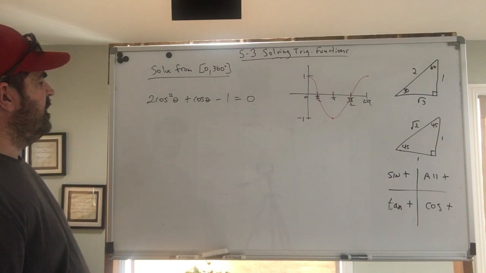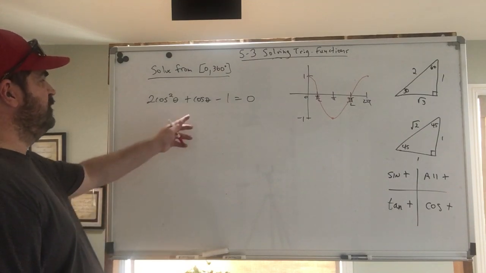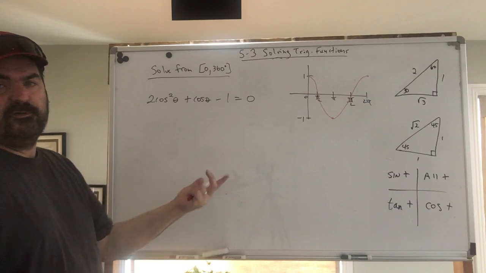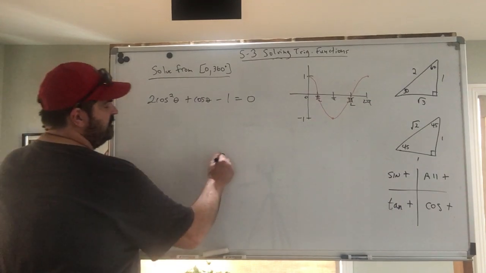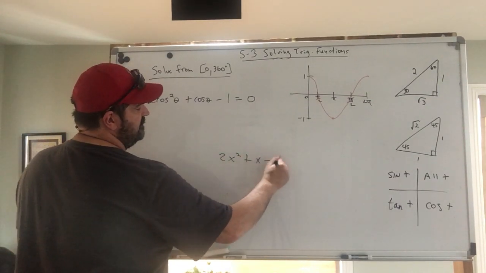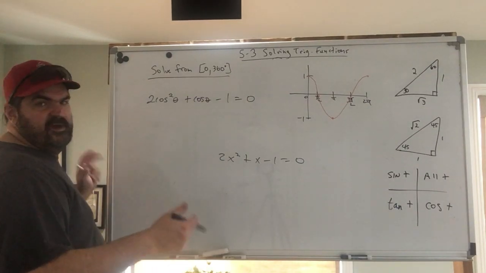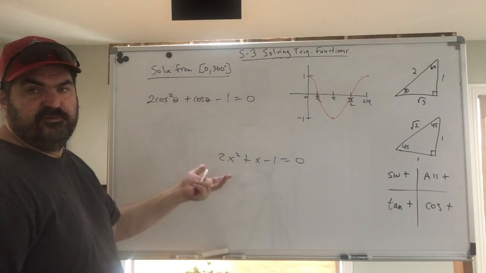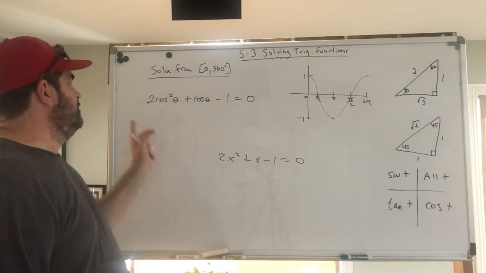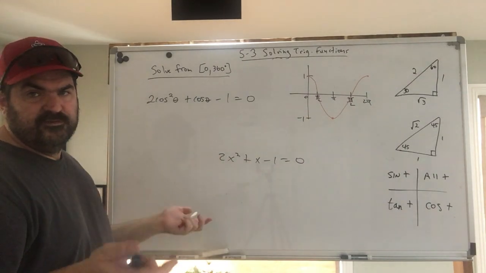Or else I could pull out, but I can't pull out a cosine. A lot of students do. They go, I'm going to send the 1 over. Oh, no. This is equivalent to factoring that. So if you have trouble factoring, replace the trig function with x, rewrite the equation, and try to factor as if you're an algebra student.